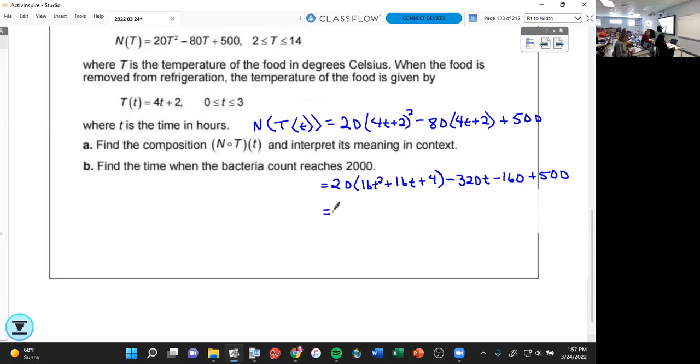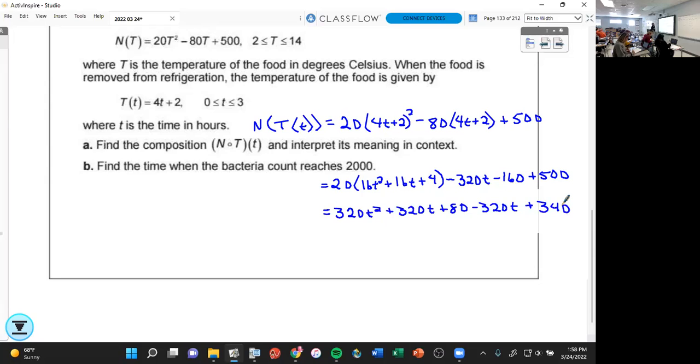Okay, so we have 20 times 16, 320t squared plus 320t plus 80 minus 320t plus 340. Not doing anything illegal, right?